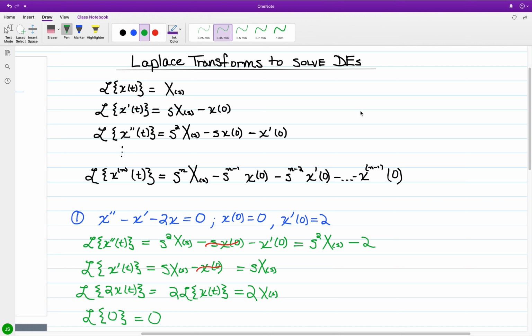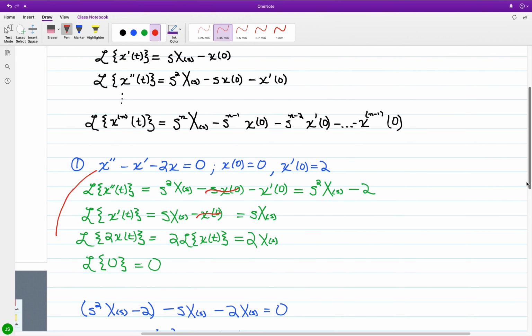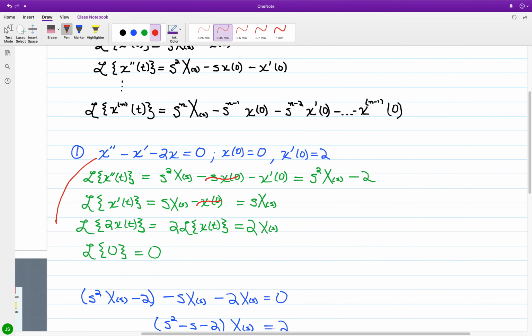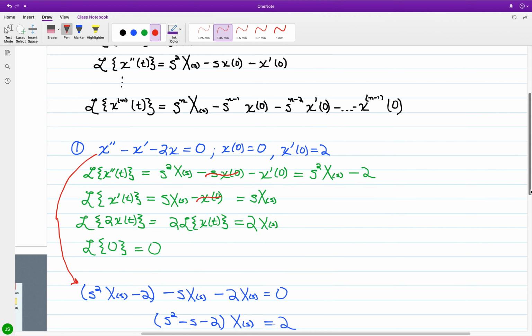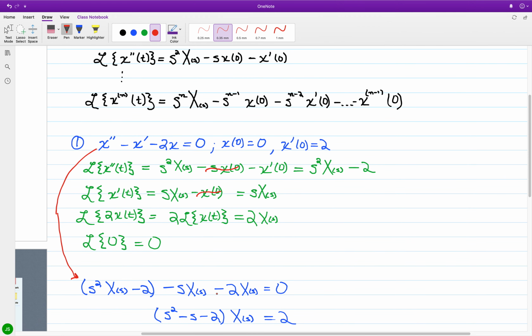So translating what we have in the terms, going from the original equation to the Laplace transform equivalent, if we combine the Laplace transform variable terms and separate the other terms, we have the quantity s squared minus s minus 2 times the Laplace transform X of s equal to 2.